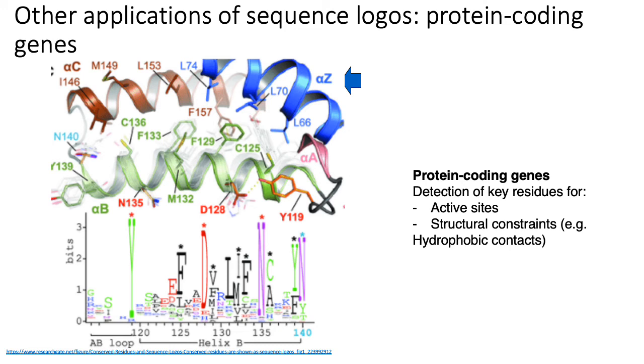So for example, if you have a bunch of homologous copies of a gene aligned and you see positions with high absolute entropy, then that tends to point to really important amino acids that might be involved in, for example, active sites, or might be involved in structural constraints on that particular protein. So for example, it might indicate a requirement to keep hydrophobic contacts that are important for the structural integrity of the protein.